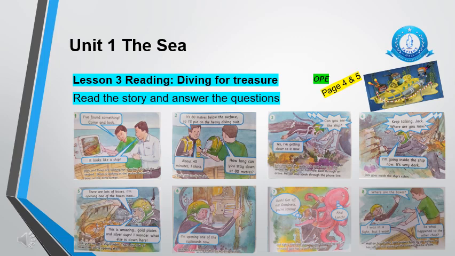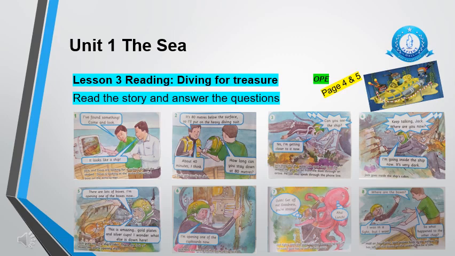Okay, so this is lesson number 3, unit number 1, diving for treasure. See, such an interesting title the writer has given to this passage. In the same way, you have to give a very interesting title to your story as well.